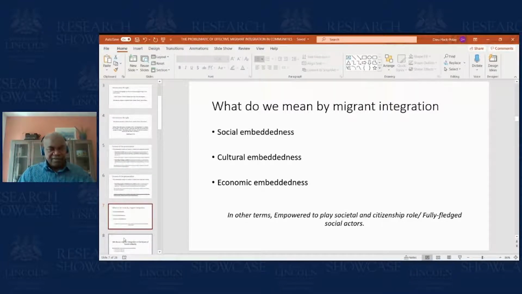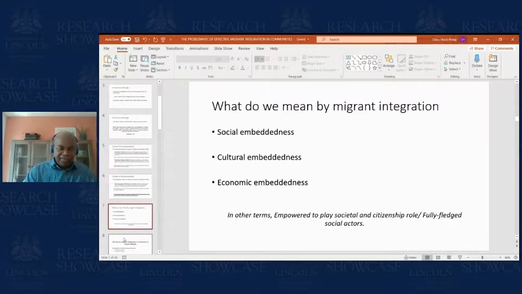So they have jobs, they have enterprises, and they have a position in our economic infrastructure. In other terms, we are looking at how migrants are empowered to play a societal and citizenship role, and they become a normal, ordinary citizen of a new locality.